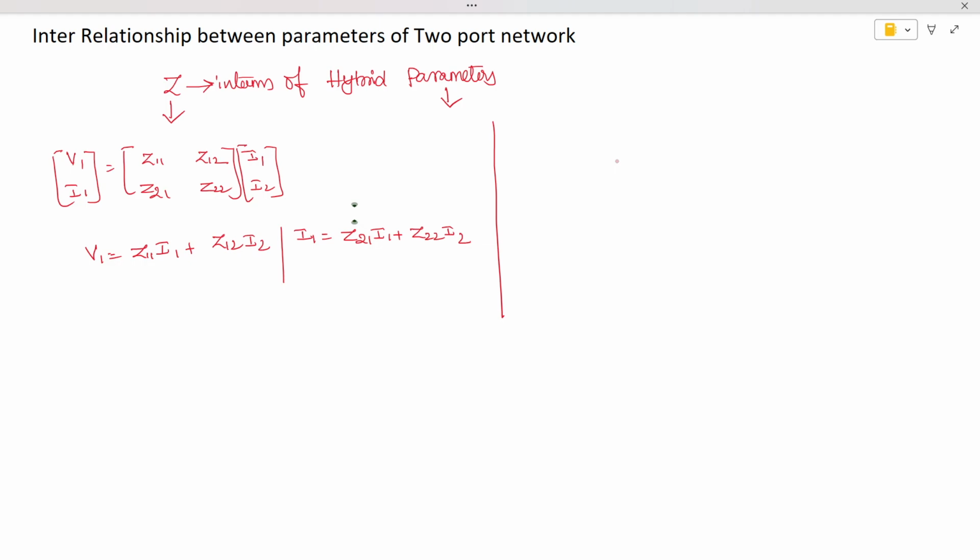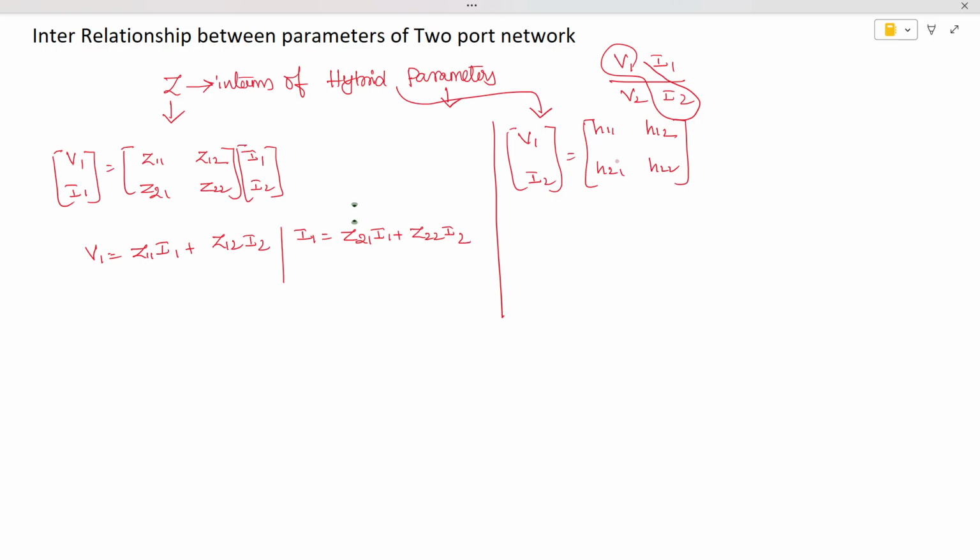So up to here one part is completed. Now write down the H parameters. How to write down the H parameters? We have the input port parameters as V1, I1 and V2, I2. So consider these two. V1, I2 is equal to H11, H12, H21 as well as H22 multiplied with I1, V2.